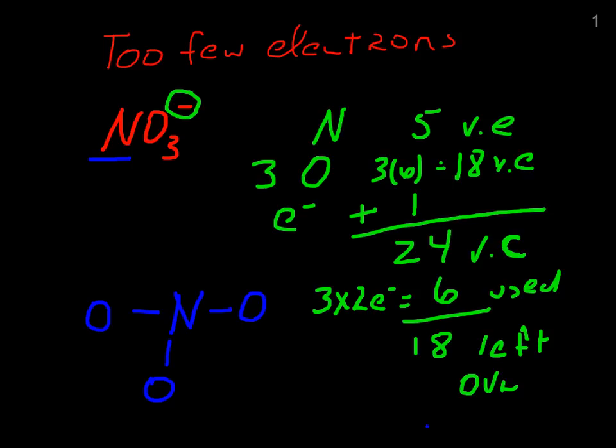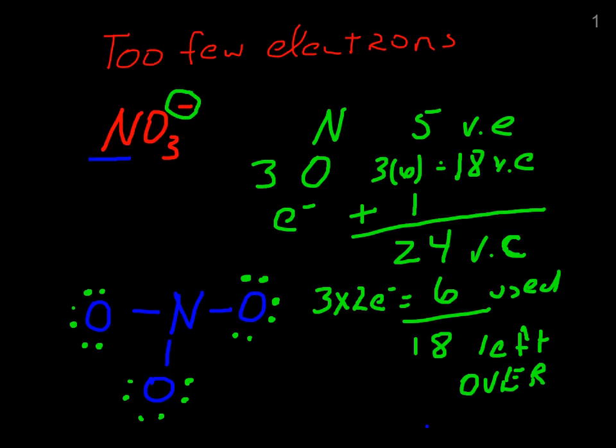So what do I do with those 18 leftovers? Well, the trick here is that I want to place those 18 electrons around this structure in hopes of making everybody have 8 electrons around themselves. So here goes. 1, 2, 3, 4, 5, 6, 7, 8, 9, 10, 11, 12, 13, 14, 15, 16, 17, 18.